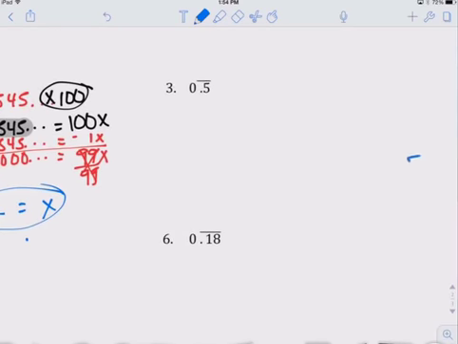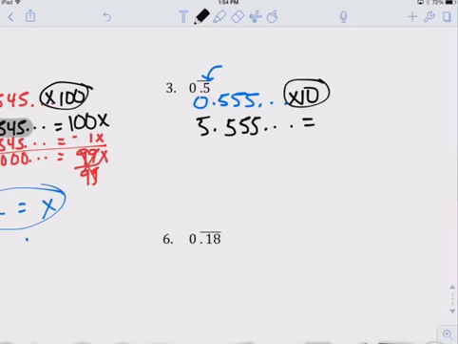Number 3, it's repeating. Okay, I'm going to tell you this is repeating, so 0.555 dot dot dot. Because it's in the tenths place, you times this by 10. If you times by 10, you get 5.555 dot dot dot, and that equals 10x. Okay, subtract.